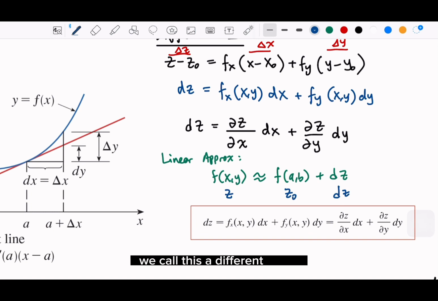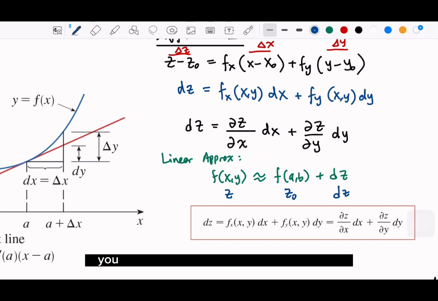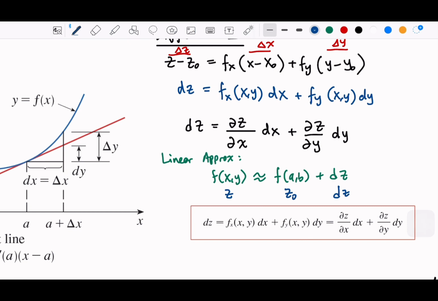We call this differentials, which perhaps you are going to elaborate on, I think, in another course, in engineering math, where you can have more elaboration on these differentials.